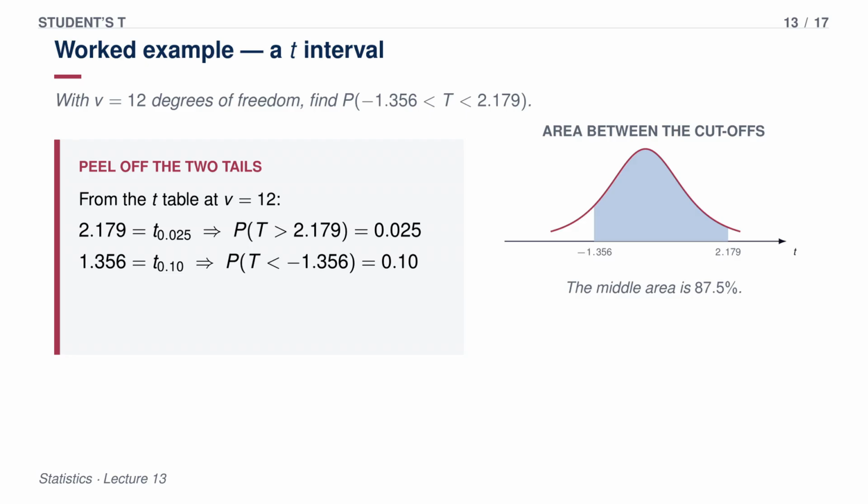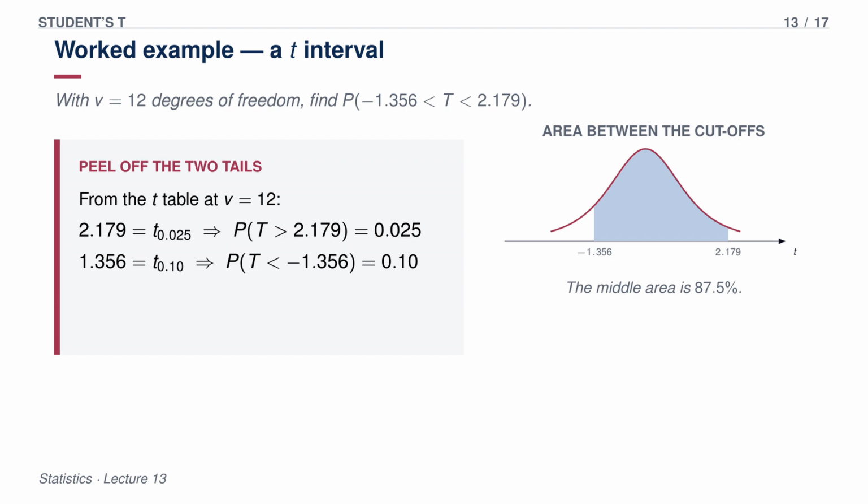Let's work one. With v equals 12 degrees of freedom, find the probability that t lands between minus 1.356 and 2.179. It's a between question, so we peel off the two tails. From the t-table at v equals 12, 2.179 is t0.025, so the probability t is above it is 0.025.